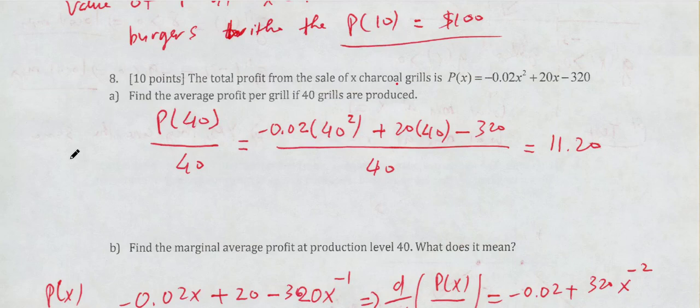The same thing here: the average profit is the profit divided by the quantity. So the quantity here is 40 grills, so it's 40 for the quantity, and P of 40 is the profit at the level of 40. So anywhere there is x, I plug in 40, and that gives me the average profit of 11.20.